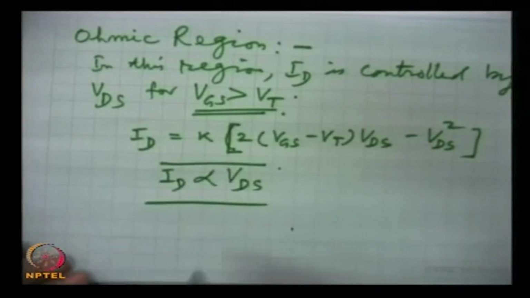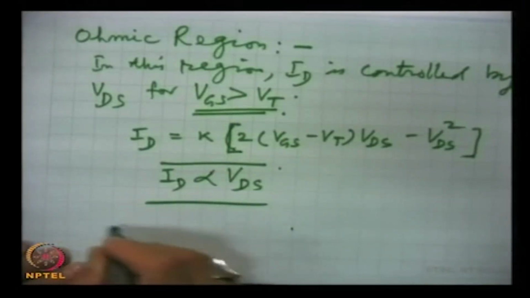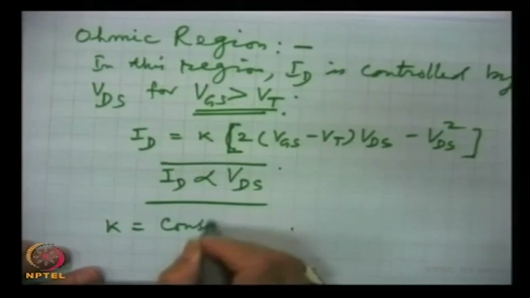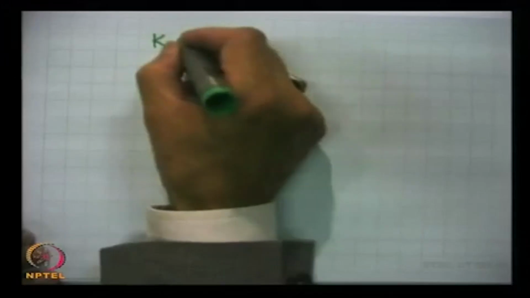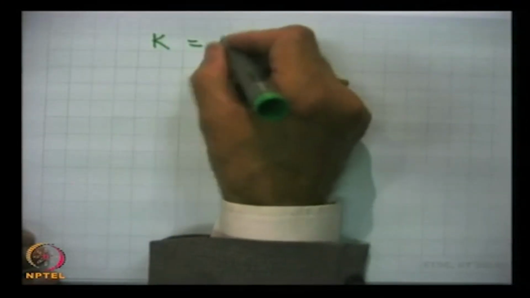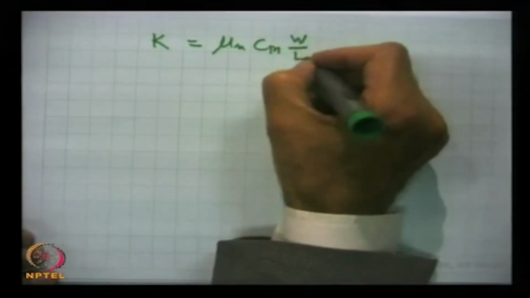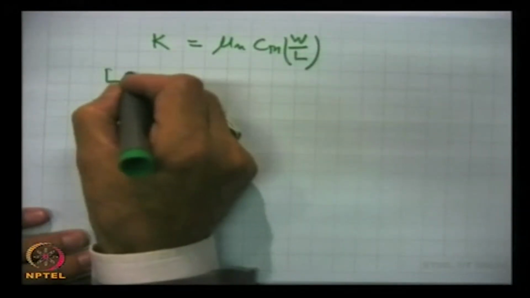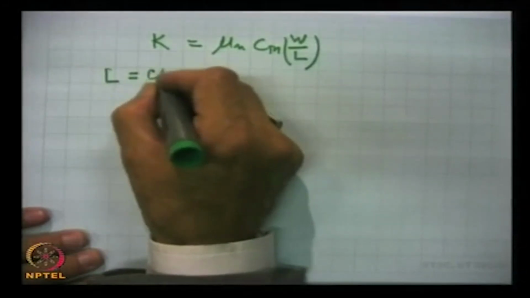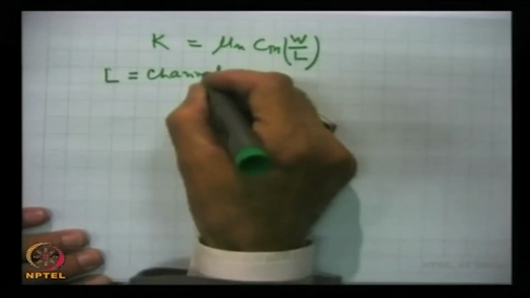In this equation, K is a device constant, and K can be shown to be equal to mu n Cox W by L. This is the expression which defines this constant K, the device constant for the E MOSFET, and in this, L is the channel length.